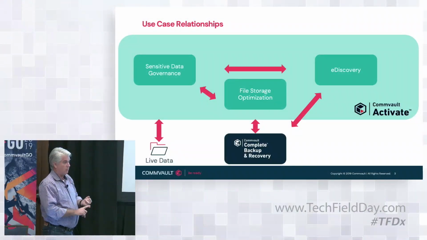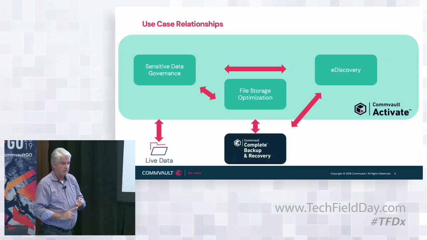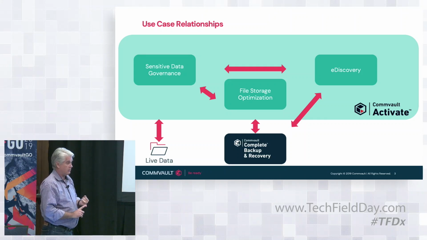Yeah, there's an airline that has that model. So they're pricing the hammer based on what nail you hit. Yes. And just to give you a little bit of background here, and this is something that is really quite interesting, is the Activate platform itself does a lot more than what you're seeing here. Inside Commvault, we actually have built our whole product management and engineering process and our bug request systems using Activate tools.